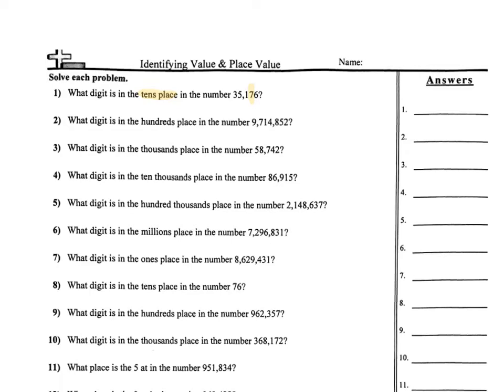I hope you all know that there's always a decimal in every single number, whether they show it or not, and it comes right at the end. If you think about it as money, let's say I was writing 35,176 as money. I've got my big dollar sign, and it's $35,176.00.